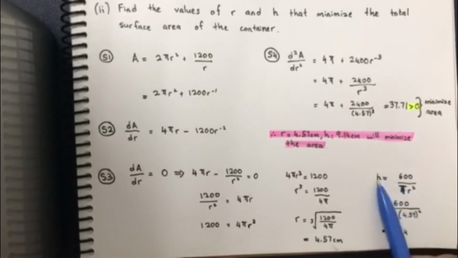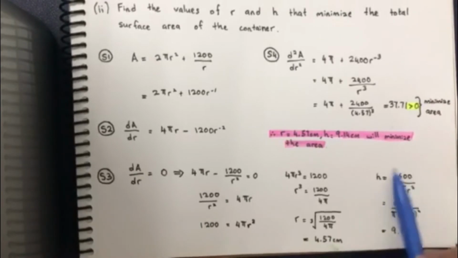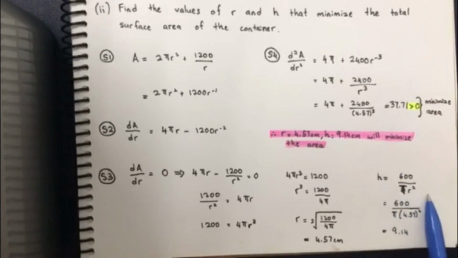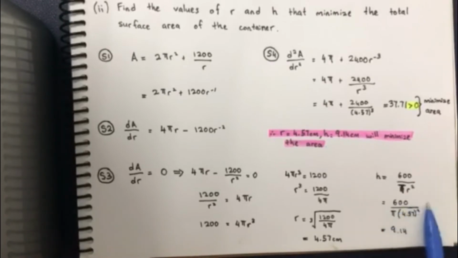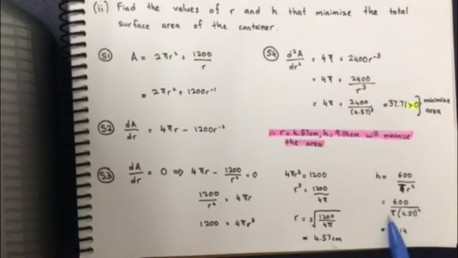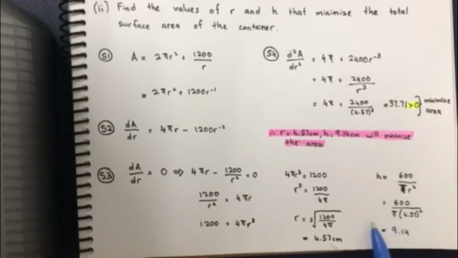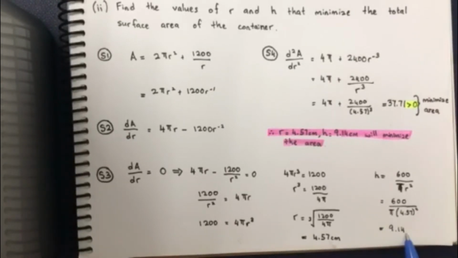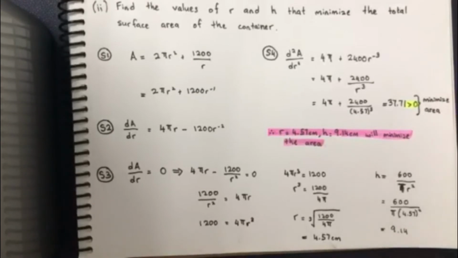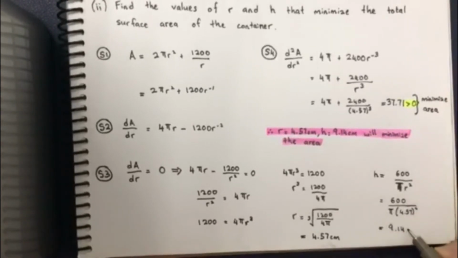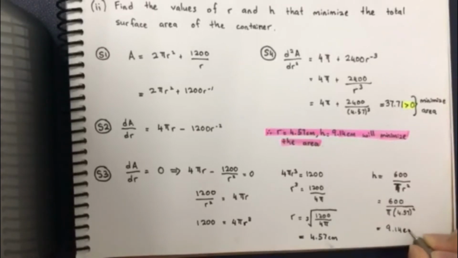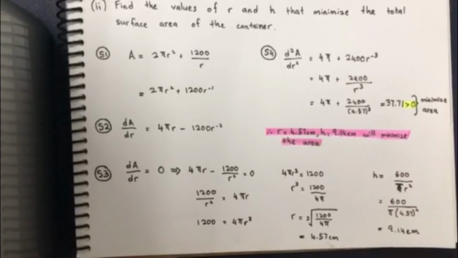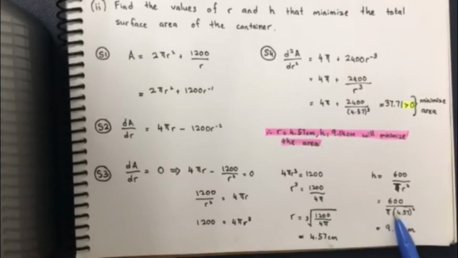So h equals 600 over pi r squared, which is 600 over pi times 4.57 squared, and h equals 9.14 cm. Then we have defined r and h.